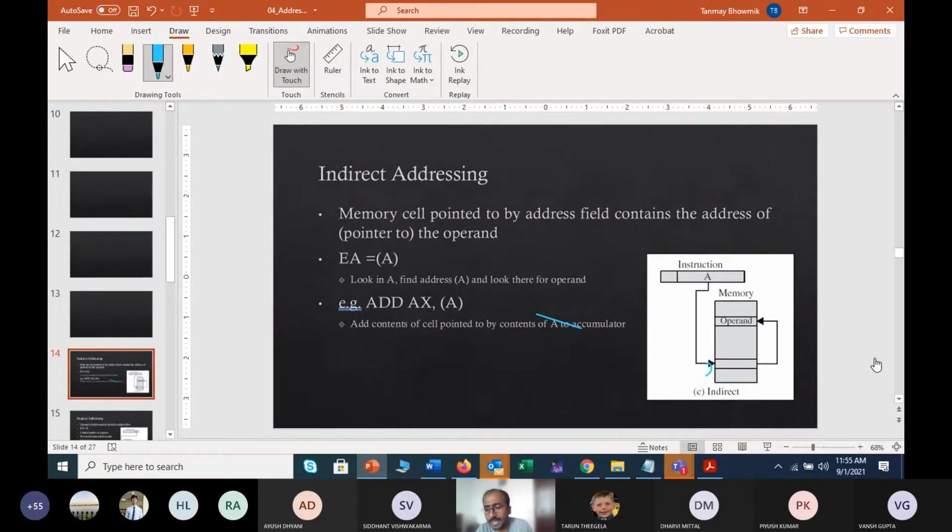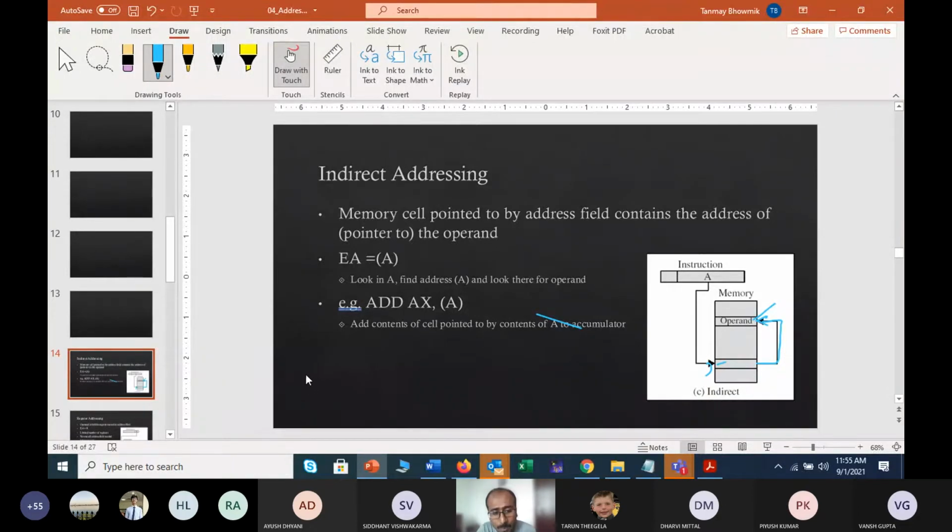So that is why it is termed that in case of indirect addressing, the memory cell will point to another address field, the address of a pointer to the operand. That means this is your first address field and here you are getting the address of this location. So you are jumping from this location to this location and you are getting this data. So in the second location you will get the operand.